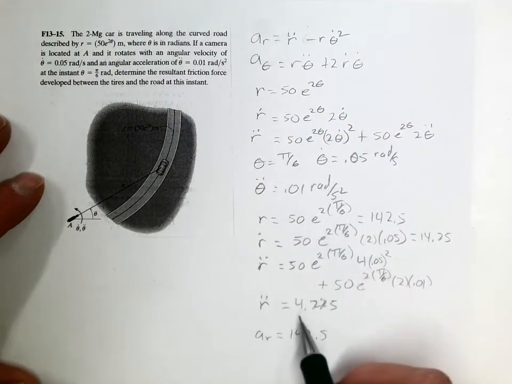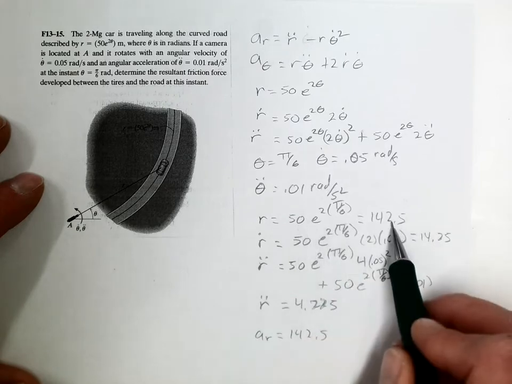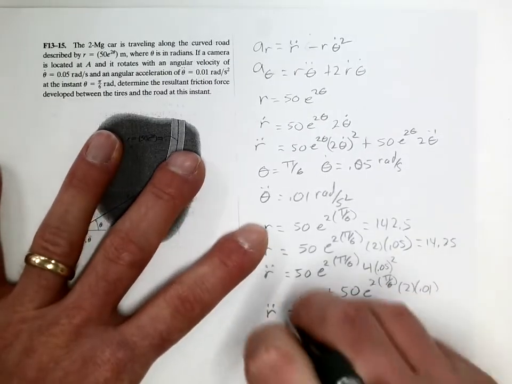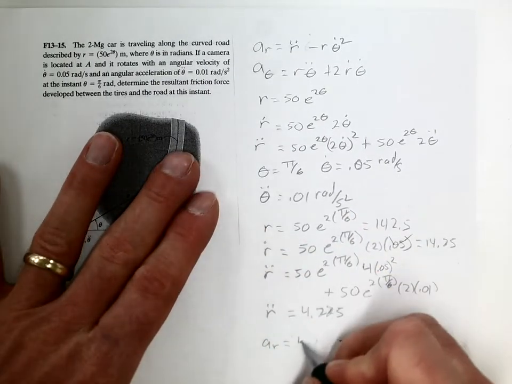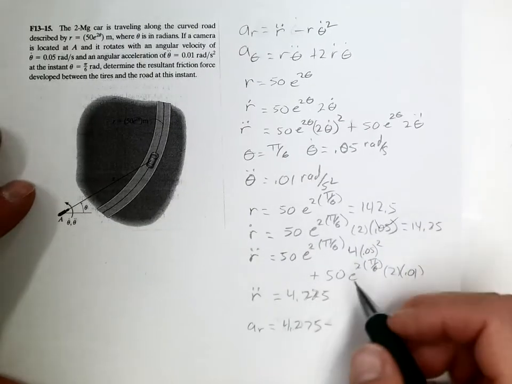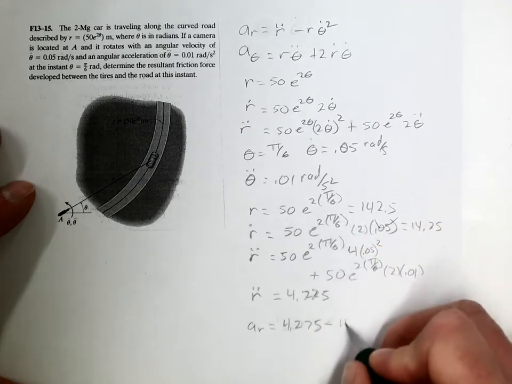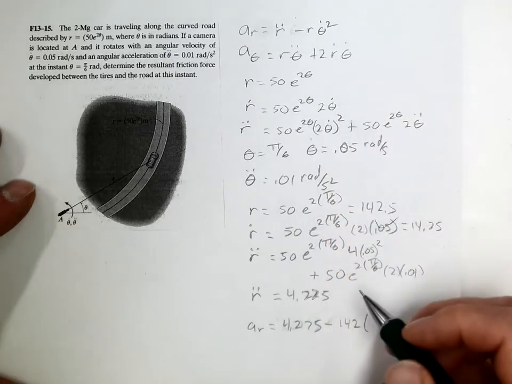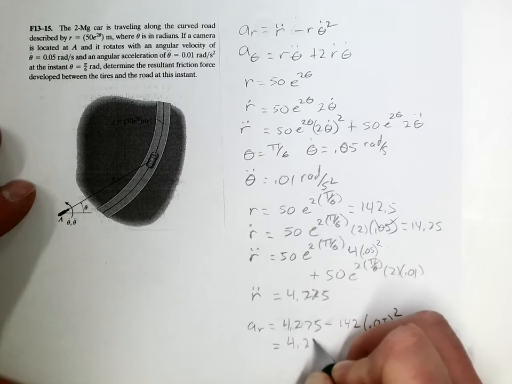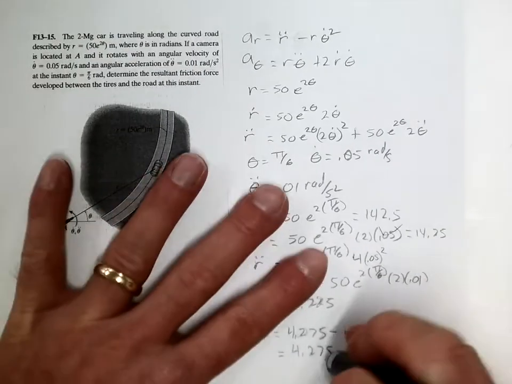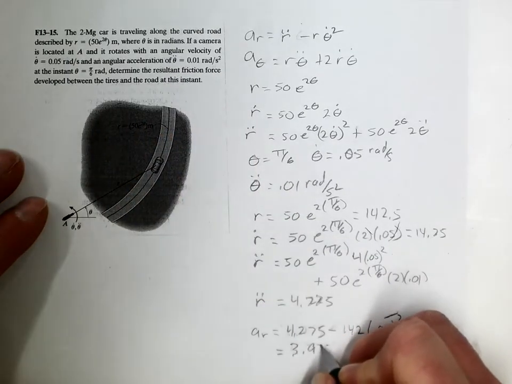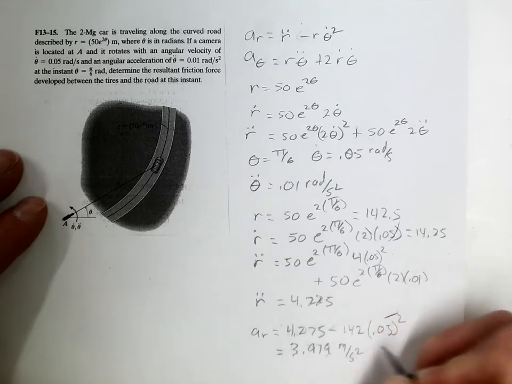So 4.275 minus r, 142.5, times theta dot squared, 0.05 squared, and that is equal to 3.919 meters per second squared.